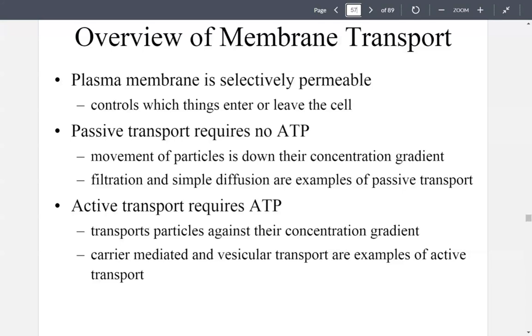So things are going to move from a high concentration down to a low concentration, whereas active transport is against the gradient, but can actually move in any direction. A lot of active transport mechanisms are going to move molecules from low to high concentration, but they can also speed up the movement of molecules from high to low. So they can be used in any capacity.